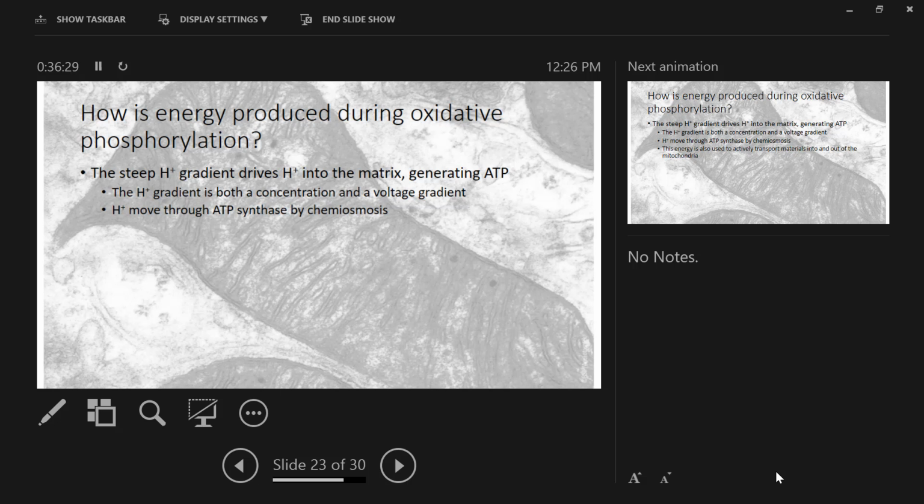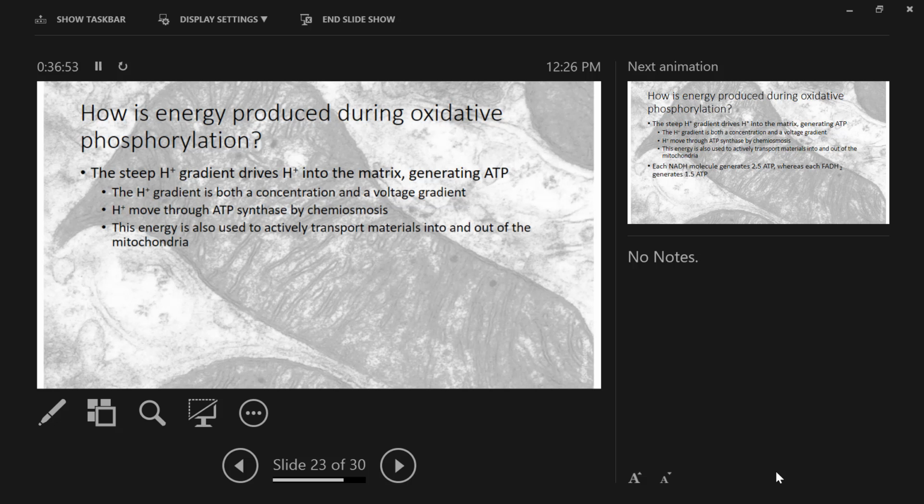They move through fast because they desperately want to get back into the matrix, where there's very little hydrogen ion concentration and very little positive charge. These hydrogen ions move fast, an enormous amount of kinetic energy that can be used to take inorganic phosphate and attach it to ADP.